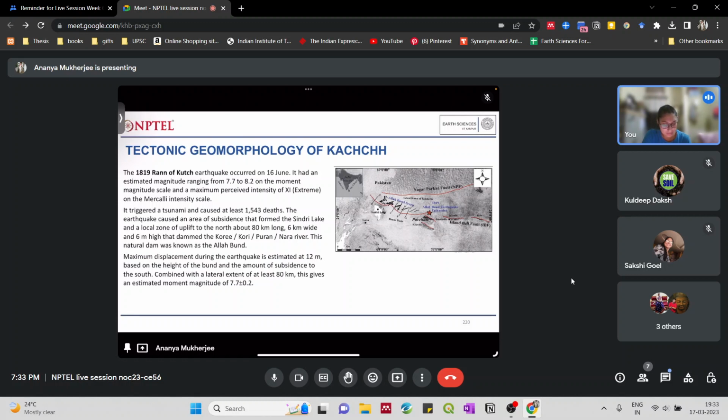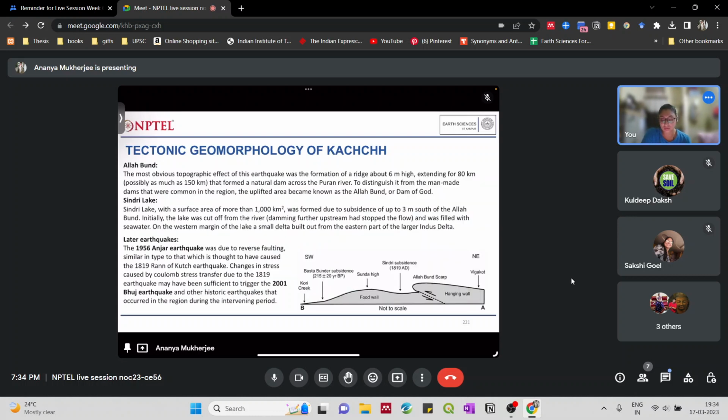You can see the Sindri lake has formed here, okay, and this is the uplifted area. This caused the damming of the river, okay. So the rivers that are mentioned are Kori or Nara, okay.